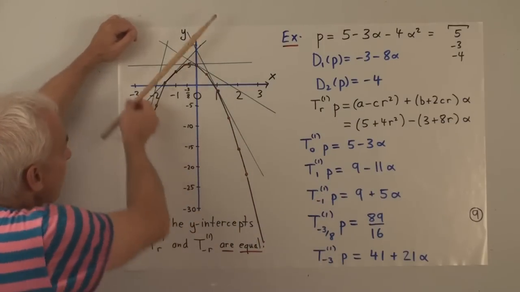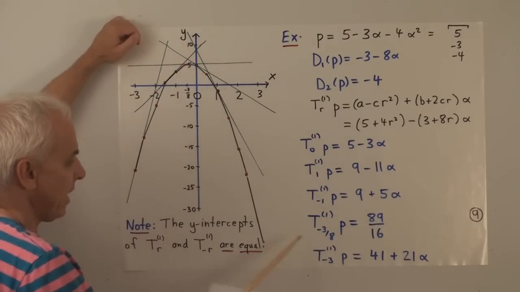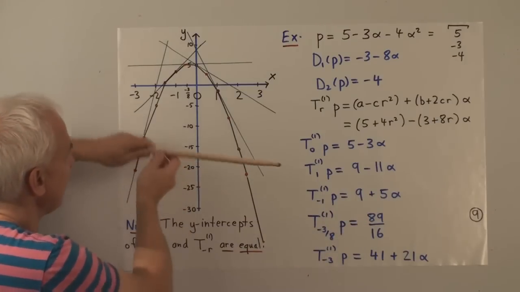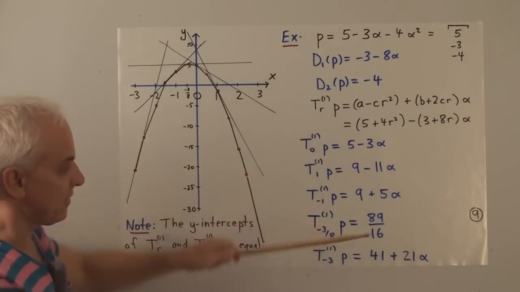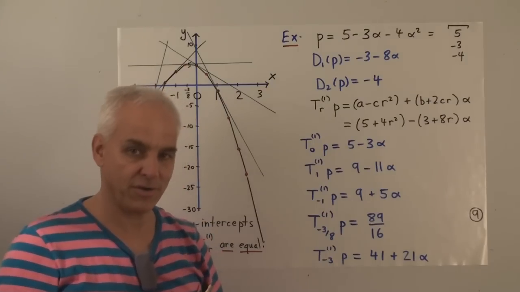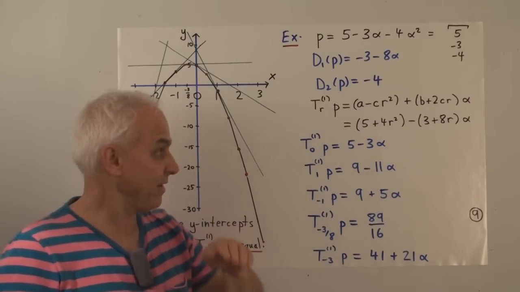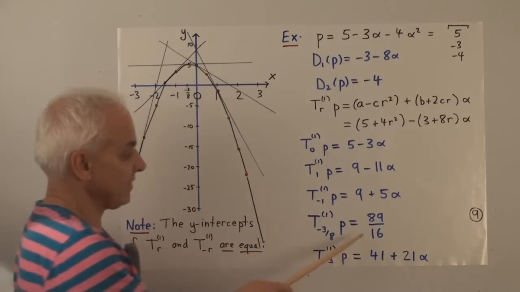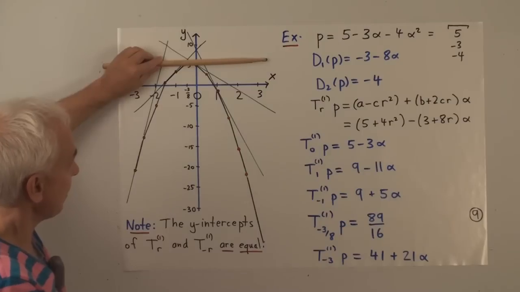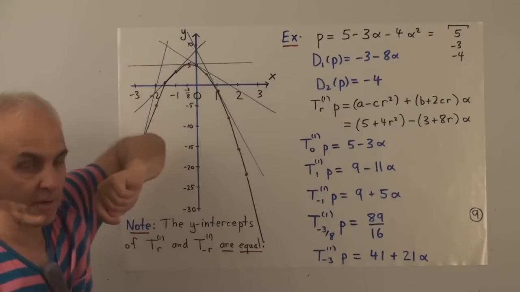At -1, we get 9 plus 5 alpha. At -3/8, which is right here, we get 89 over 16. In that case, the tangent becomes actually not a linear polynumber, but rather a constant polynumber. So it's a special case. And in fact, this is a rather important point on this parabola, because that horizontal tangent line means that the parabola has a maximum there.